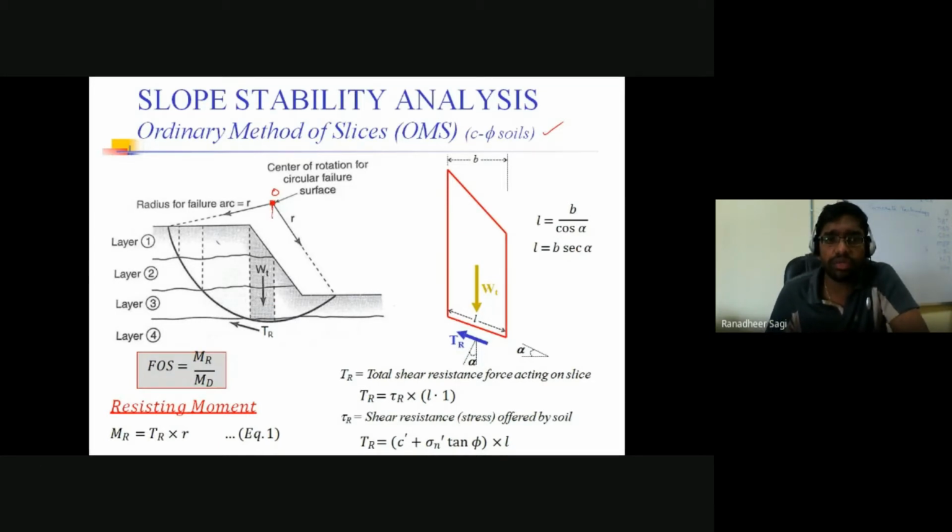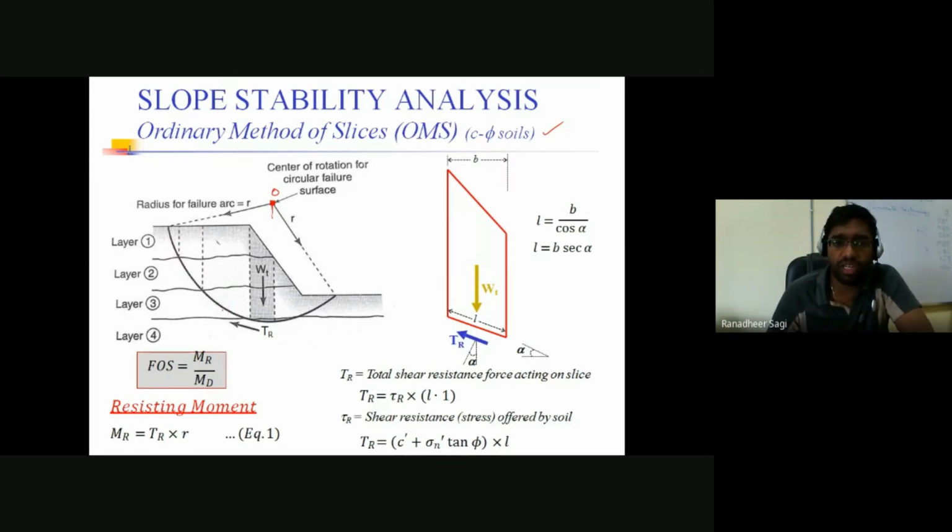Now, to understand, I look at each slice in this method of slices. What we do is we go on to define some angle. What is that angle? At what angle of inclination your failure surface exists is what we'll calculate.